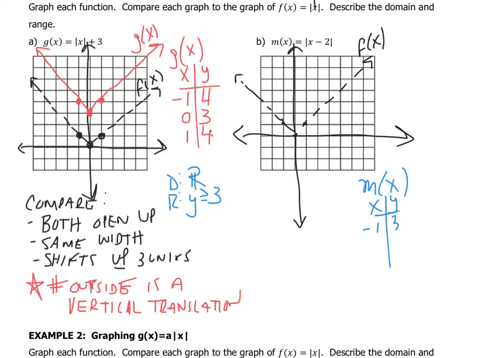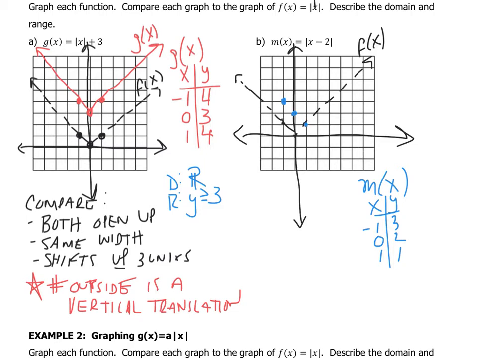So if -1 goes in, 3 comes out. If I plug in a 0, 0 minus 2 is -2. The absolute value is a positive 2. So there is 0, 2. If I plug in a 1, 1 minus 2 is -1. The absolute value is a positive 1. So 1, 1 is right there.